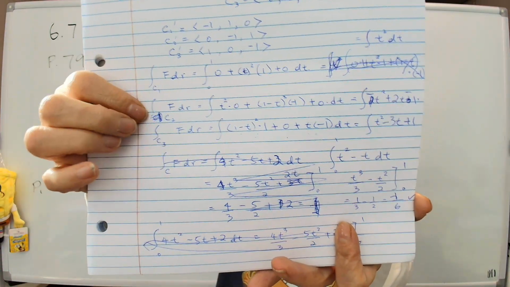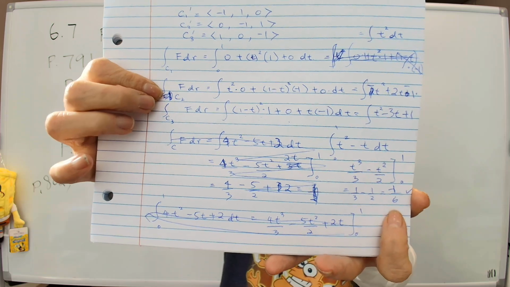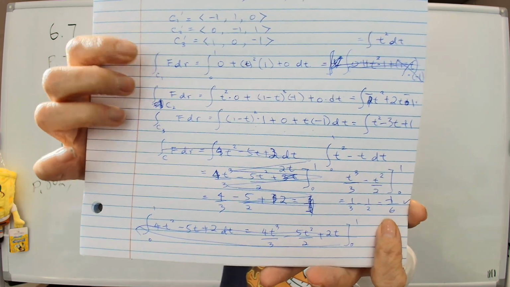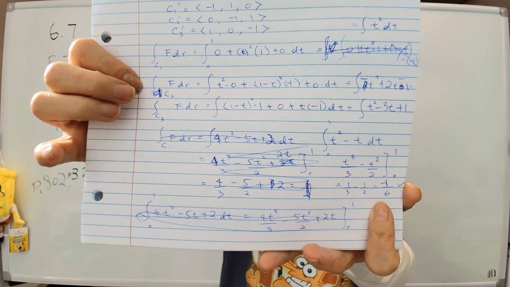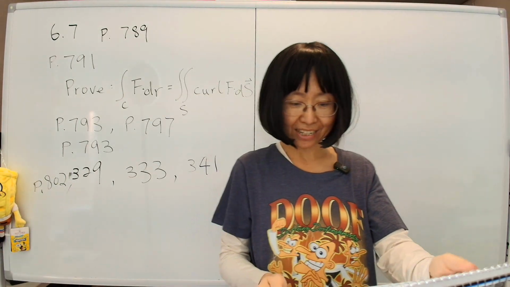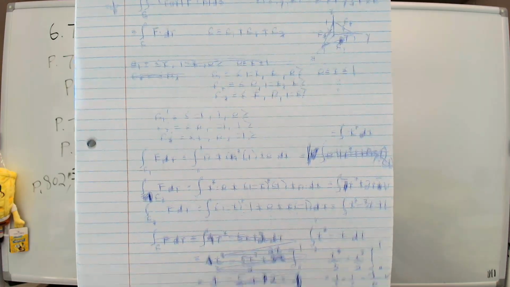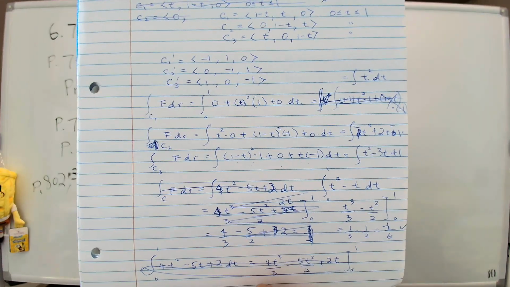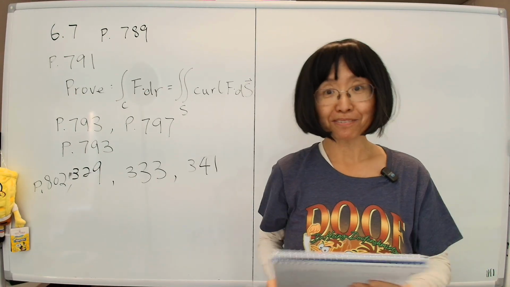I made some mess here, but eventually I did get the right answer, right here. After you integrate all 3 and add them together, you end up with -1/6, and that is the right answer. I'll let you see this one more time. It's kind of a mess, but that happens. Anyway, you can probably make some sense out of it.